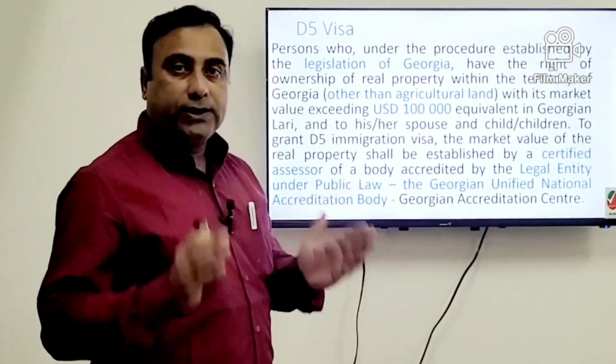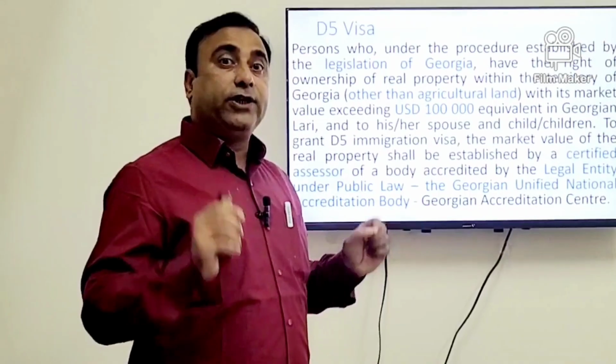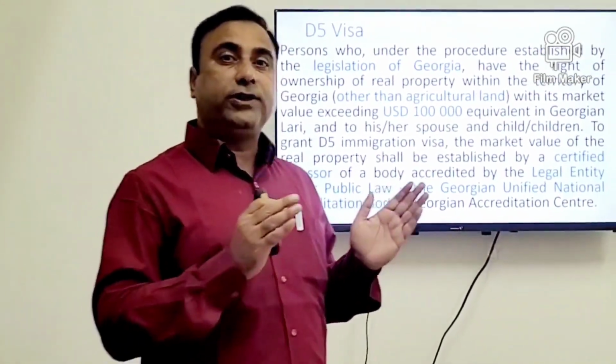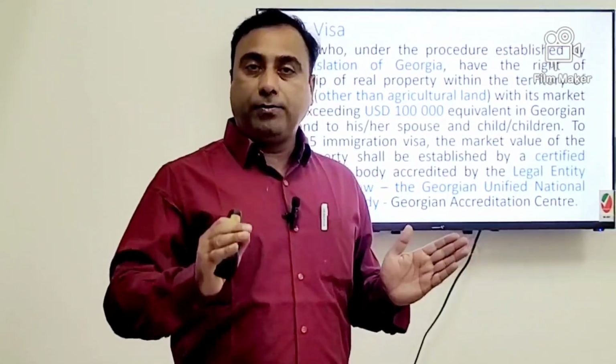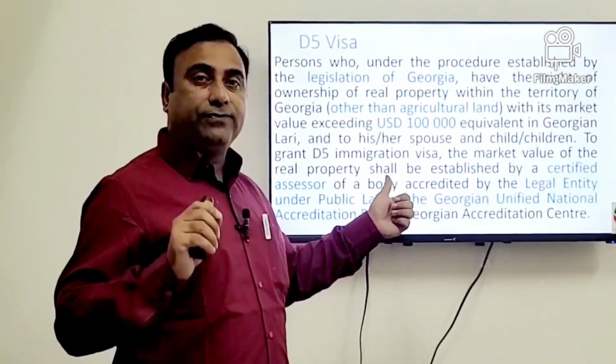That means it is an already defined, certified organization. They will assess your property and issue a certificate that your property value is more than 100,000. In that case, you will get the D5 visa.